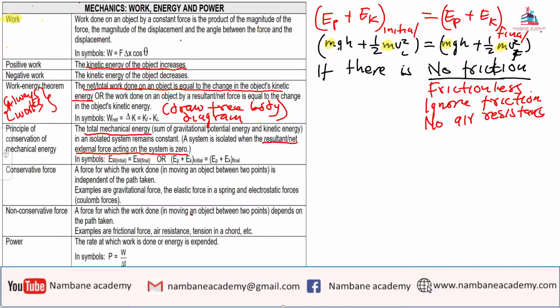An isolated system is a system where the net external force acting on the system is equal to zero. But remember, I want us to use the equations to remember the definitions.